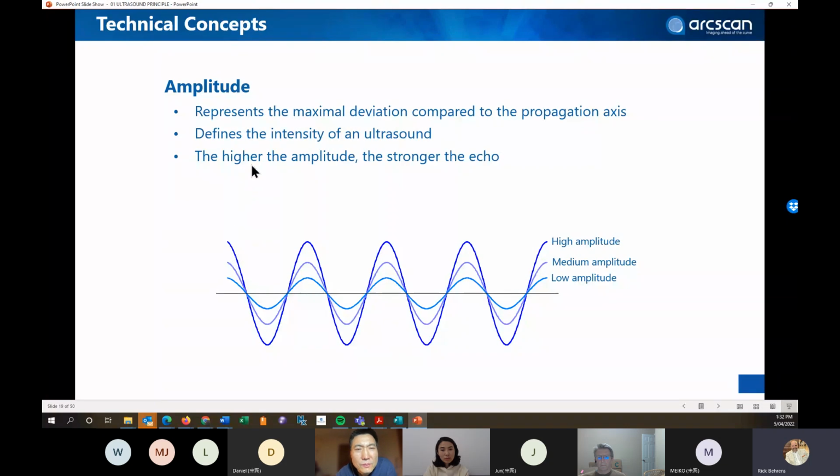Now, the amplitude is the maximal deviation that the sound wave is going to move. A higher amplitude is going to give you a big echo. A big echo reflection means that there is something dense in the eye, and a low amplitude reflection is going to give you a really low or weak echo.